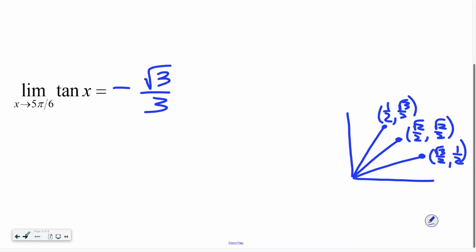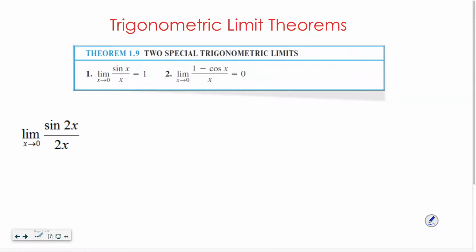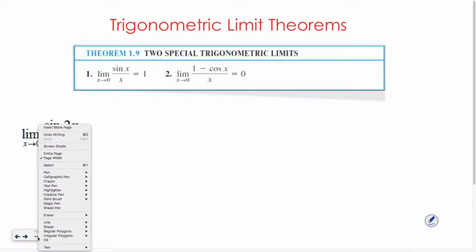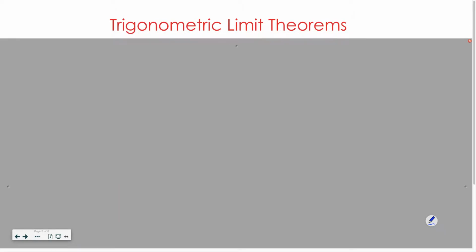All right. Now, we have some special trig limits. You need to write these down. You may need to use some trig identities to help you evaluate your limits. It is possible that you need to rewrite something.